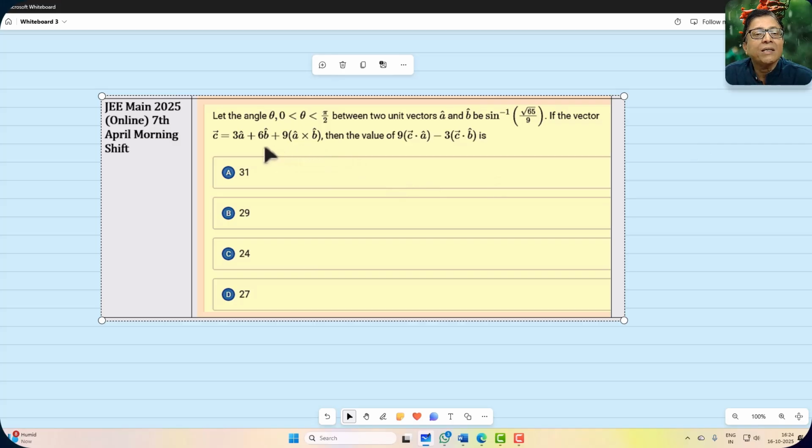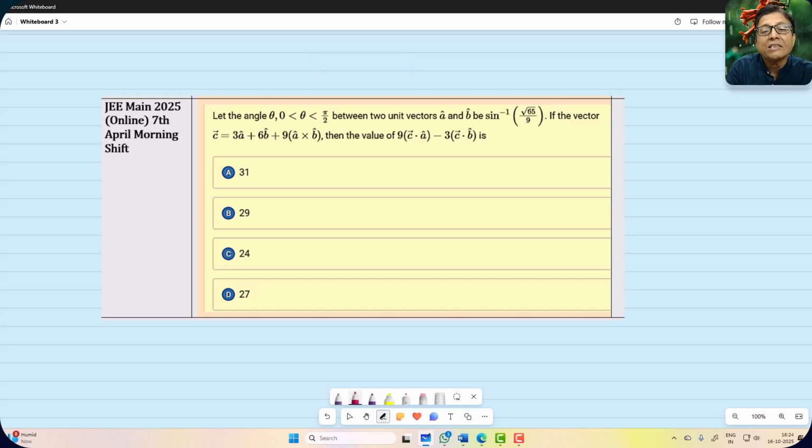The vector C is given this way, and we need 9 C dot A minus 3 C dot B. But note, this one A is the unit vector and this one B is also a unit vector. Now if we wish to find this result, C dot A minus C dot B, what problem are we facing? Let us find this part.